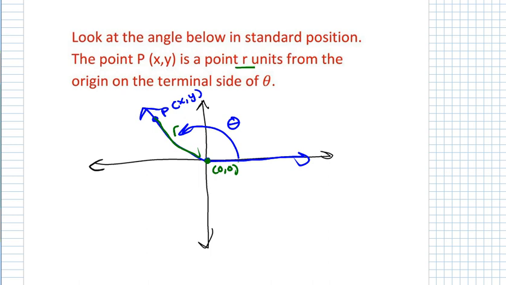Now, in order to find the trigonometric ratios, we create what's called a reference angle, which is right here.